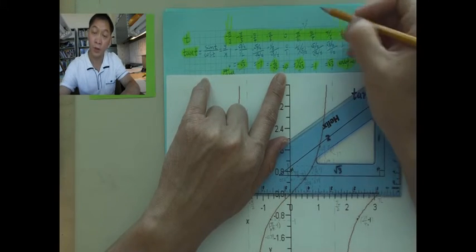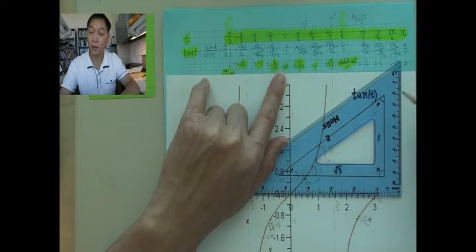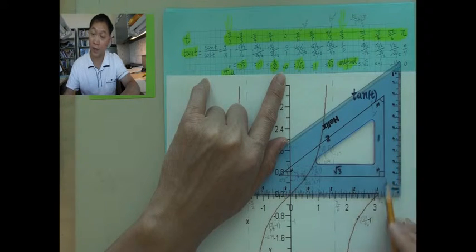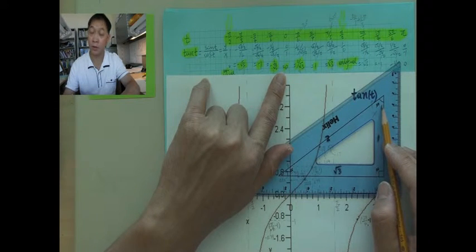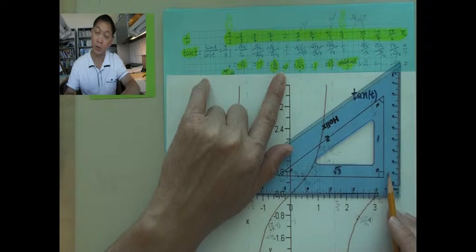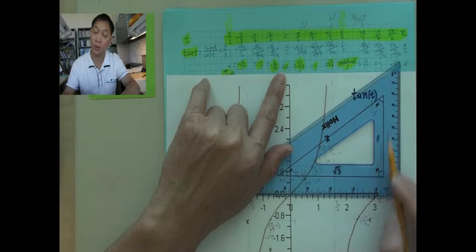Pi over 3 is 60 degrees, and tangent is always opposite over adjacent, so the opposite side is radical 3 over 1.